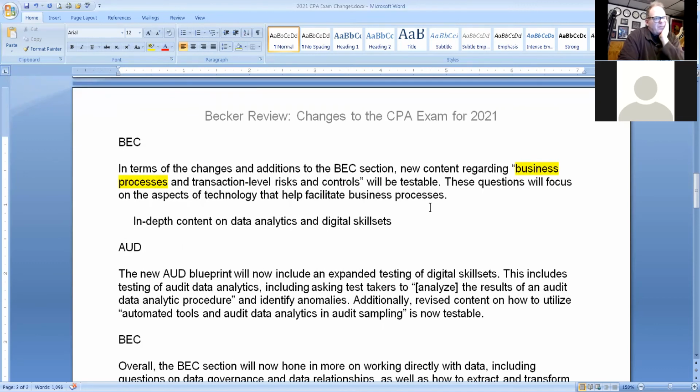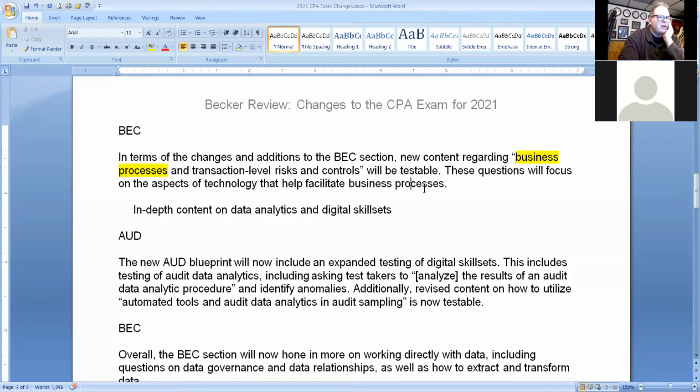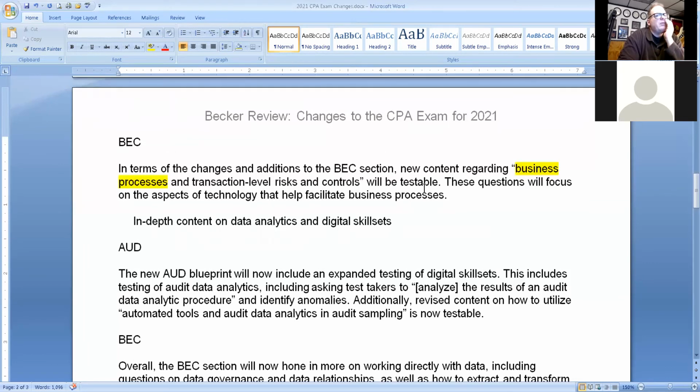My gut feeling is that it's probably going to be fairly simple and straightforward, at least at first. When they start developing more standards on it, it'll probably be a little more tricky. But certainly the CPA reviews that you take, it's their business to be up on those things, so hopefully they will be able to prepare you for that.